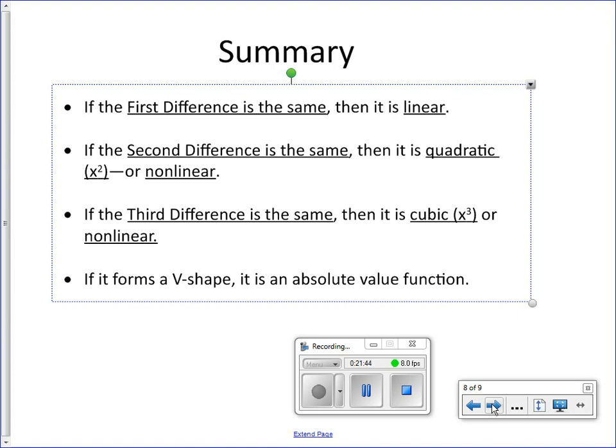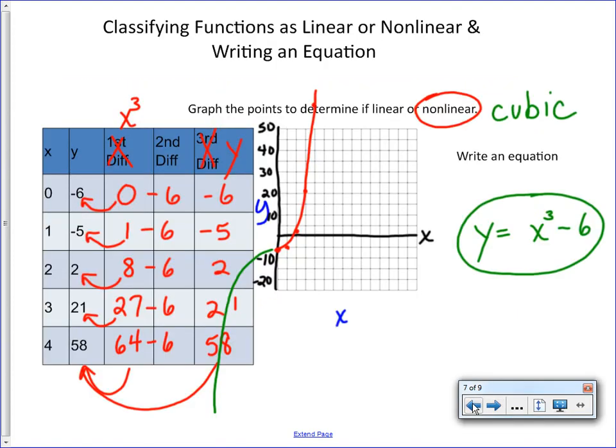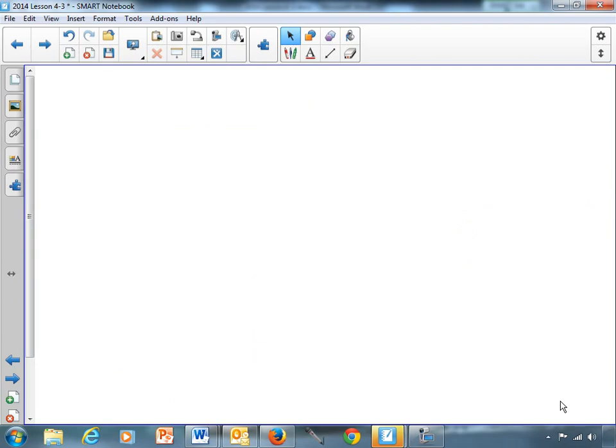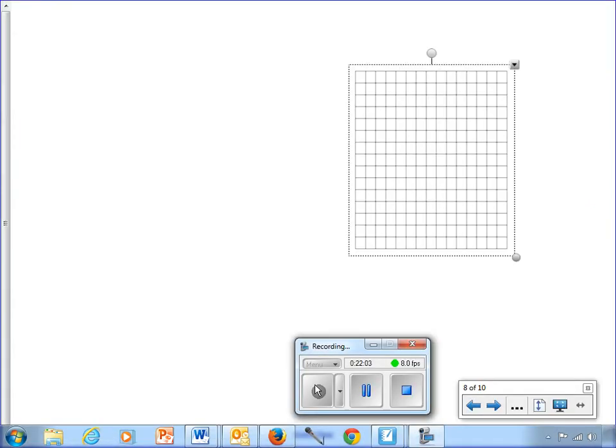And I have one more graph I think I skipped, so we're going to go back and do that. And I'm going to add a blank page for this one. All right.